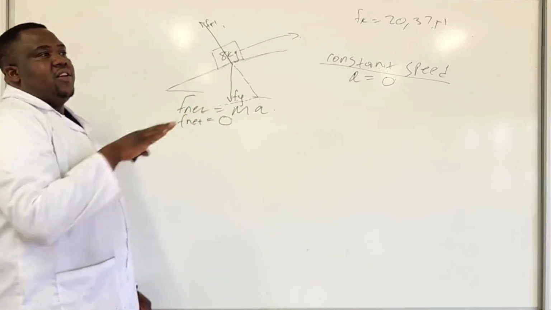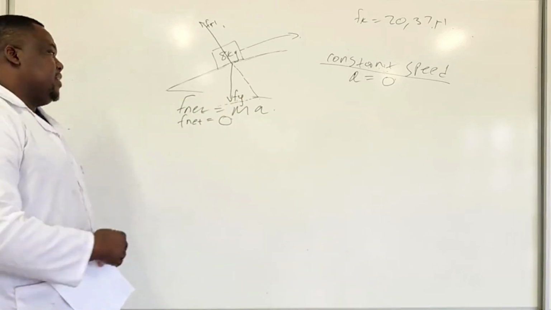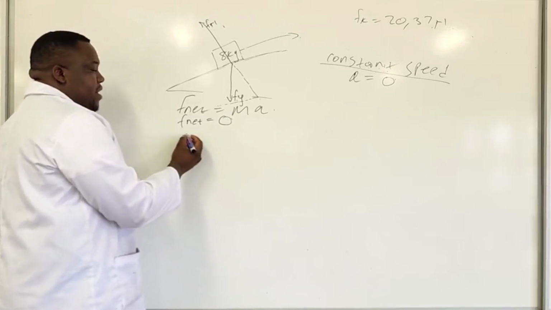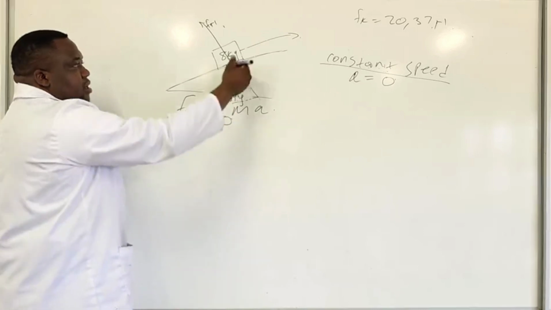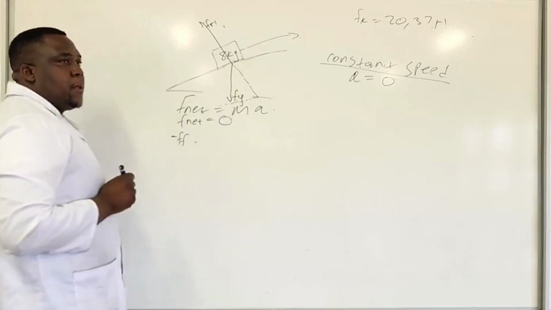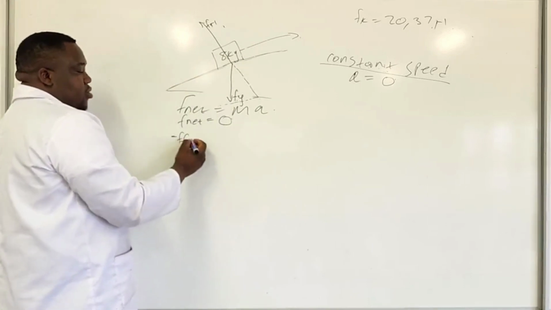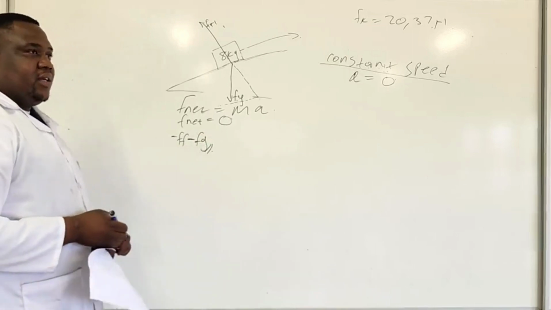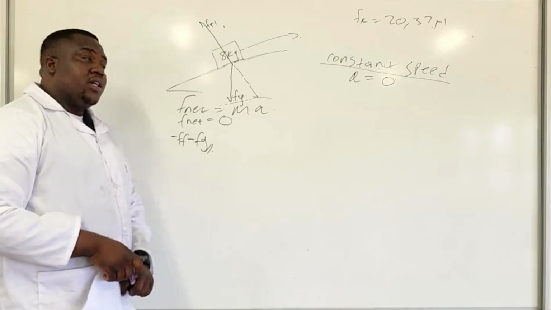Because F net is all the forces that are parallel to the surface. So let us start to deal with this one. F net will be equal to frictional force, which is downward. The second force, which is also downward, is minus FG parallel. Why am I saying FG is downward? Remember, gravitational force is always downward.